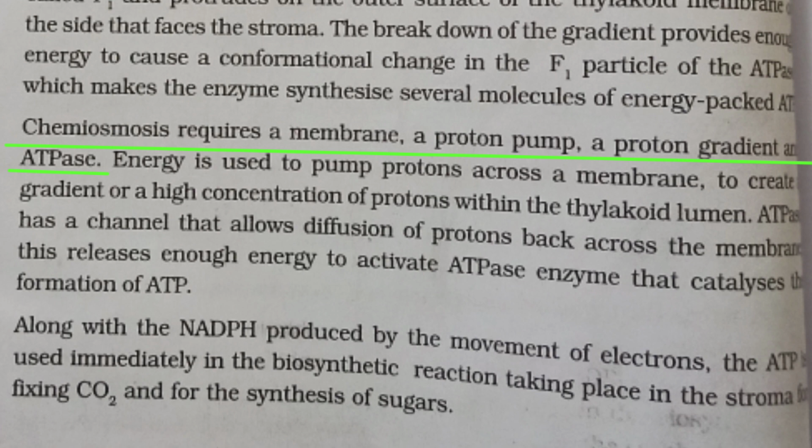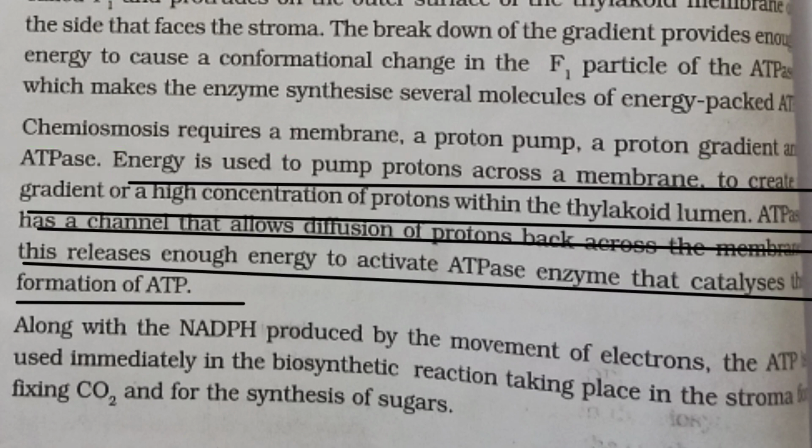Chemiosmosis requires a membrane, a proton pump, a proton gradient and ATPase. Energy is used to pump protons across the membrane to create a gradient or high concentration of protons within the thylakoid lumen. ATPase has a channel that allows diffusion of protons back across the membrane.